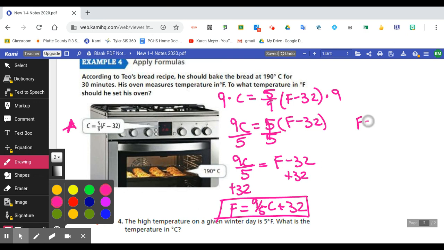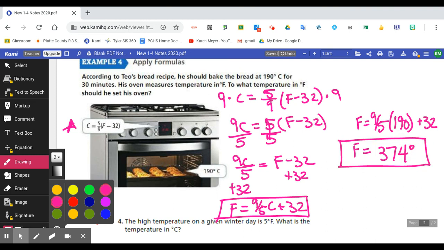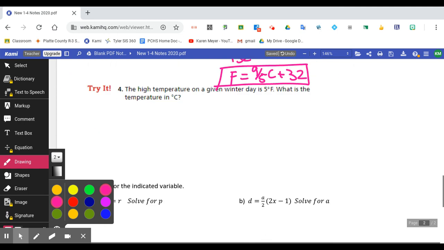So the temperature for Celsius is 190. So on my calculator, I'm going to take 9/5 times 190 and add 32 onto it. So you should come up with, he would have to set the temperature at 374 degrees Fahrenheit. So now pause, try the next one.